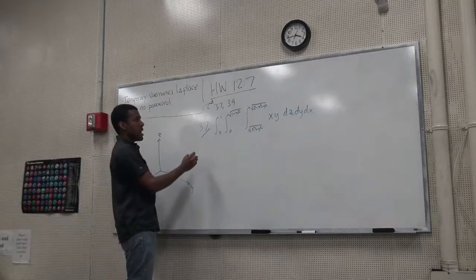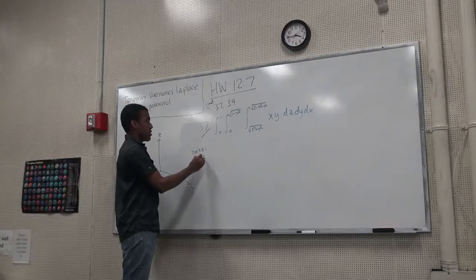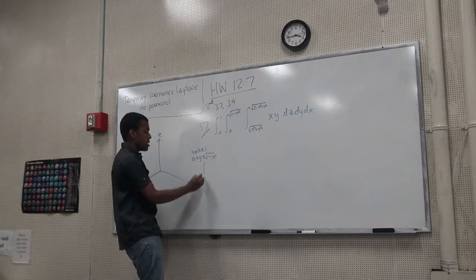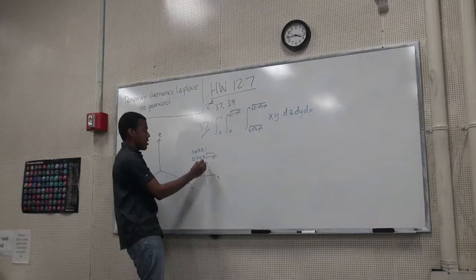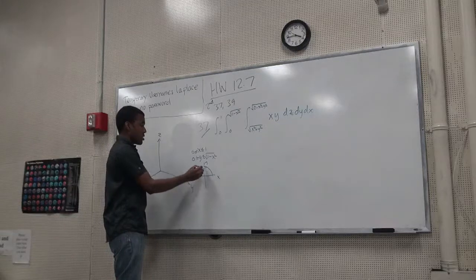Right, so we have x goes between 0 and 1. First I drew that y goes between 0 and the square root of 1 minus x squared, which means in our xy plane we actually have a quarter of a circle.